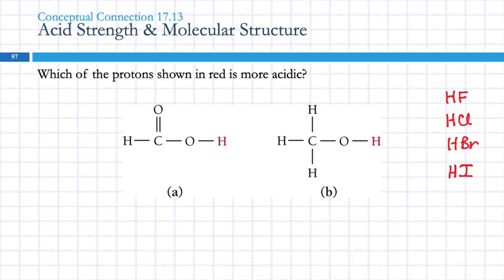Because then if I said, well, H2S and H2Te, which acid is stronger? It would be the H2Te because Te is larger than sulfur. Tellurium is larger than sulfur, which tells me that the bond with hydrogen is weaker. Weaker bond, easier to lose the proton, stronger acid.